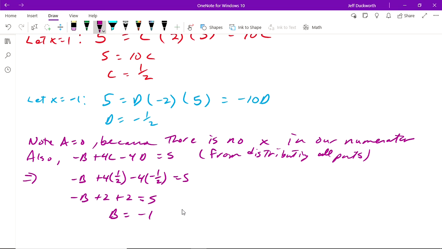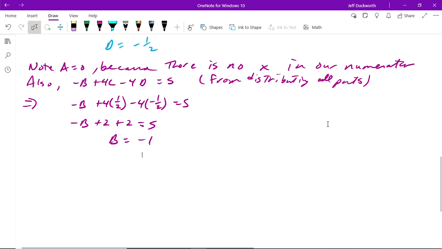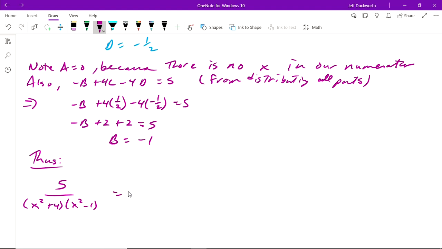So we're going to write down our function. Okay, so we have 5 over x squared plus 4 times quantity x squared minus 1 will equal negative 1 over x squared plus 4 plus, well, 1/2, so 1 over 2 times the quantity x minus 1, and then minus 1 over 2 times the quantity x plus 1.